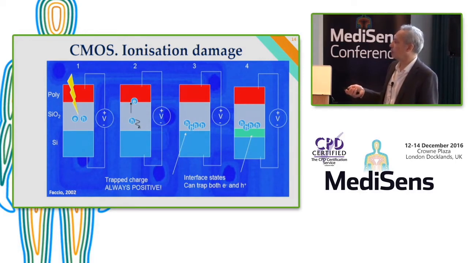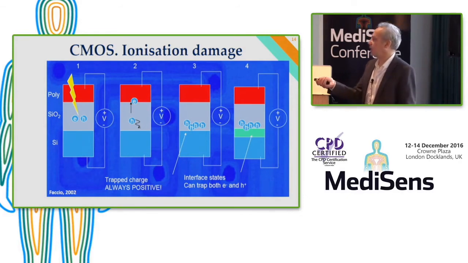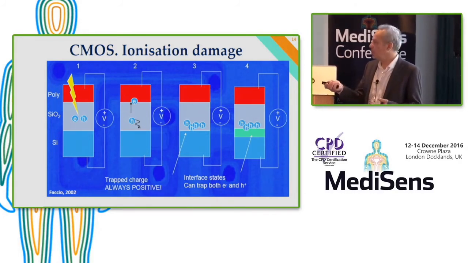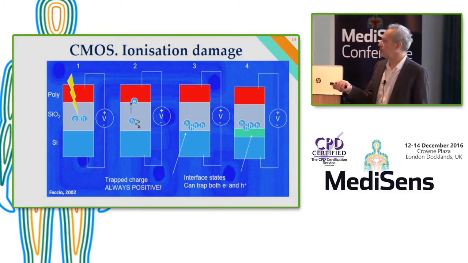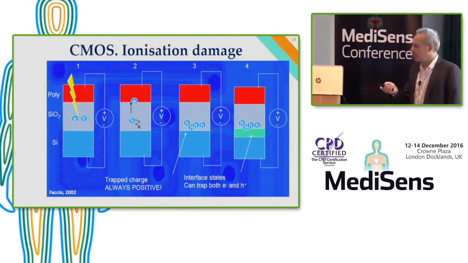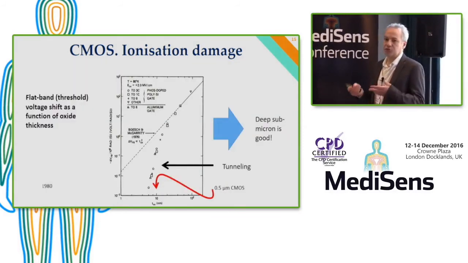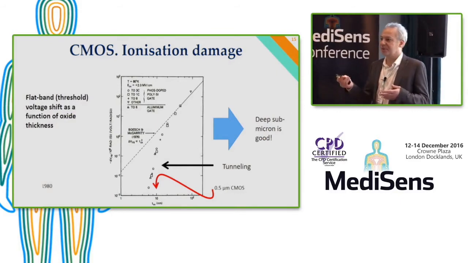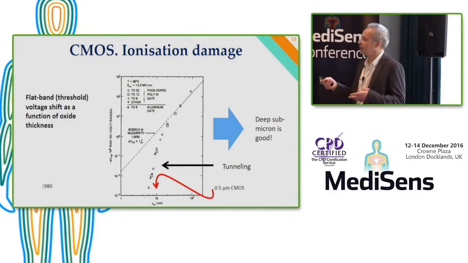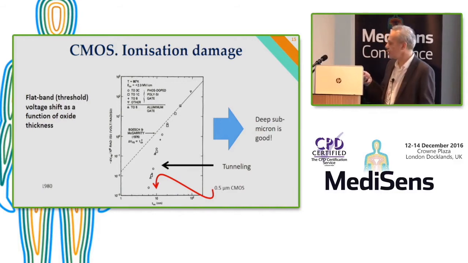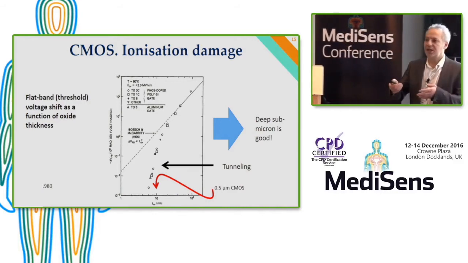At the end, you are basically left with positive charge, which is trapped normally close to the interface. So you start with the oxide of the transistor neutral, and then at the end you have something positive, and that causes the transistor to change behavior. This is summarized, maybe in a very technical slide, by a quantity which is the threshold voltage shift, which increases with the radiation.